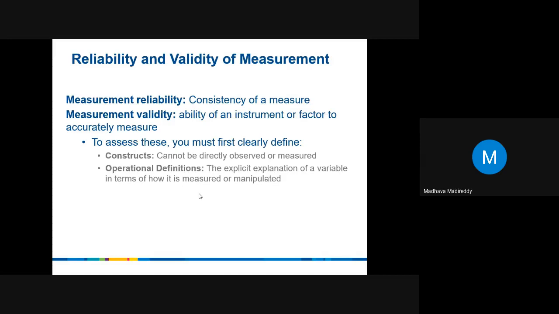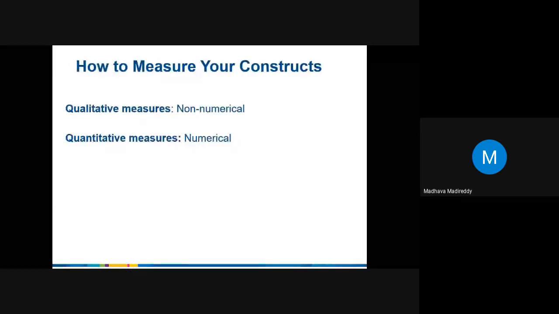The construct cannot be directly observed or measured, but the operational definition is an explicit, very clear-cut explanation of the variable, of how it is measured and manipulated. So you should be able to assess how clearly you are able to define a construct and how clearly you are able to look at the operational definition. We'll look at these with a few examples in the coming slides.